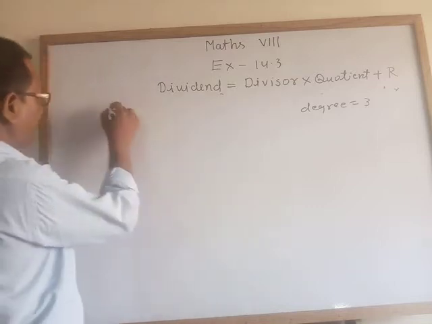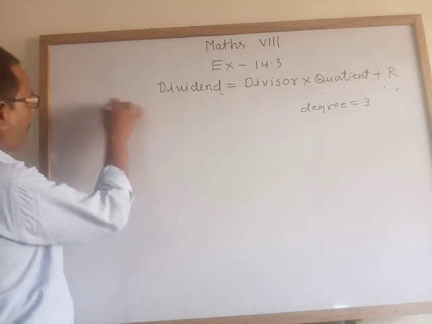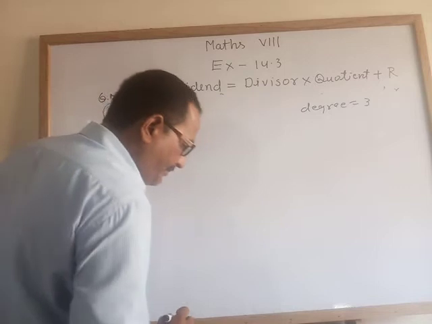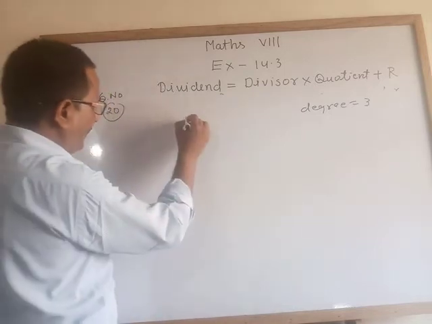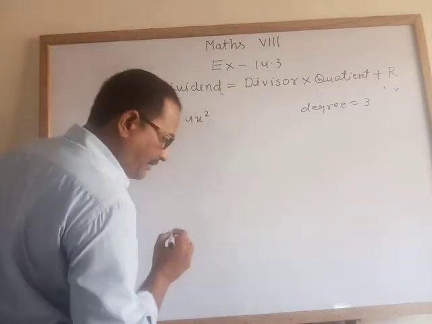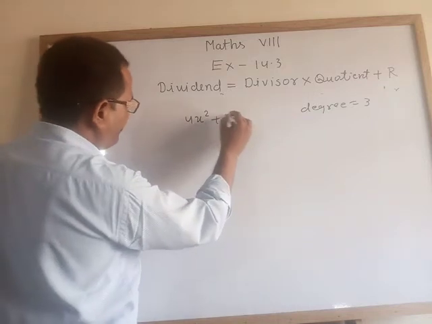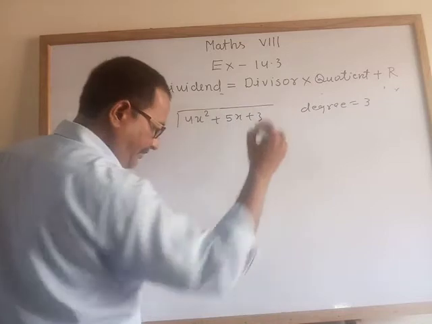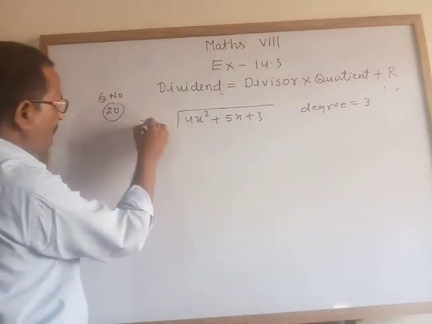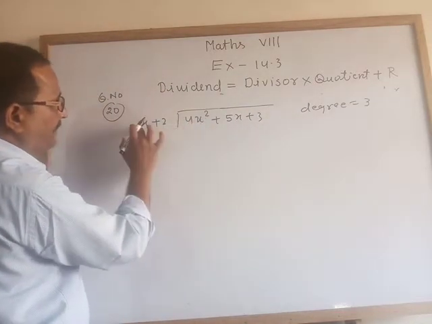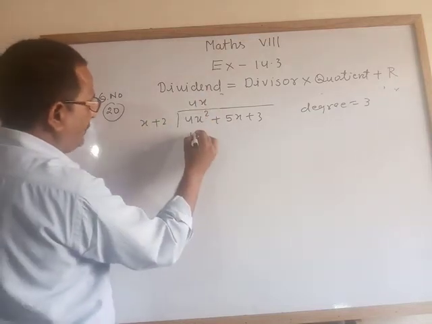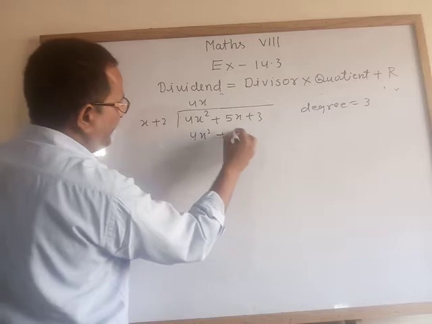See question number 20. Given 4x square plus 5x plus 3 divided by x plus 2. First term divided by first term, the answer is 4x. 4x multiplied by this gives 4x square plus 8x.